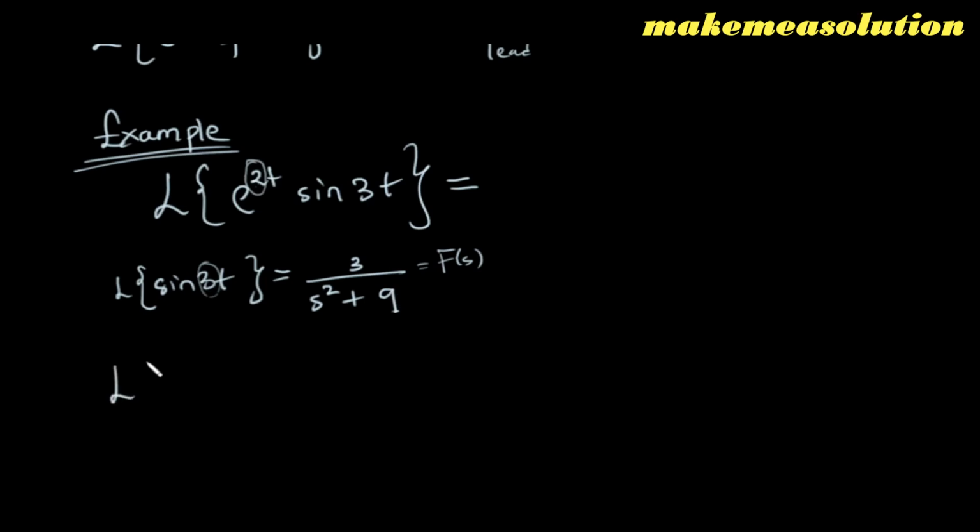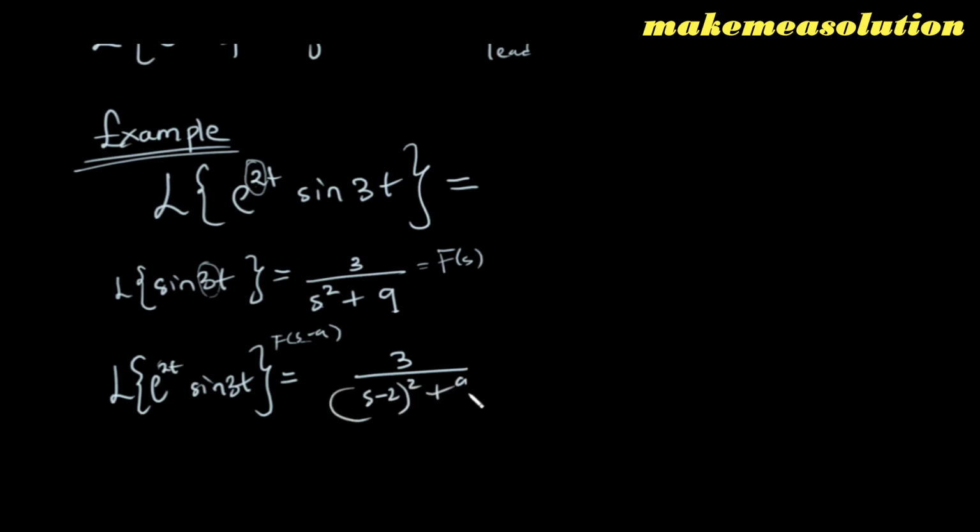Now, the Laplace transform of exponential 2t sine 3t is going to give you 3 all over f of s minus a. That simply means that anywhere I see s, I should replace it with s minus a, and a is this value. So you have s minus 2 all squared plus 9. Okay, so this is the answer.